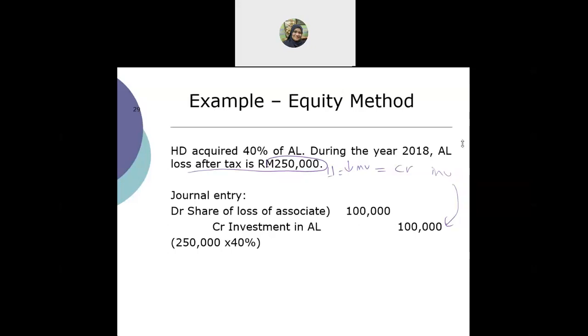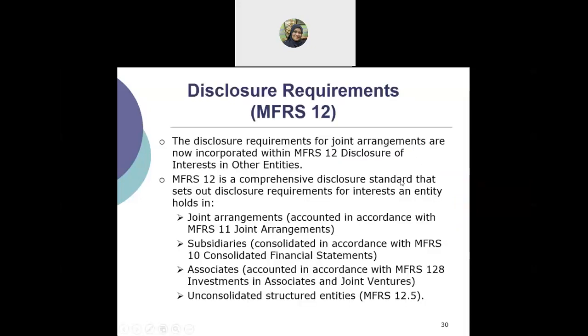Okay, the next slide here is only the disclosure, the things that you need to disclose. The disclosures here relate to MFRS 12. MFRS 12 is applicable for the disclosure of interests in other entities, including joint arrangements, subsidiaries, associates and unconsolidated structured entities.